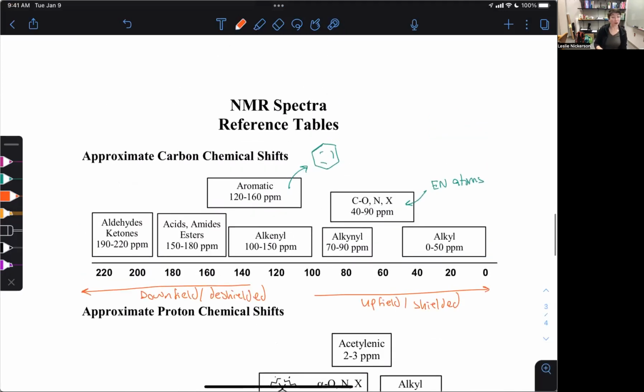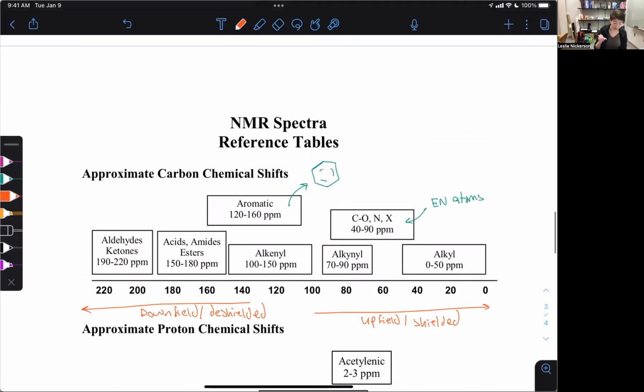If you're not sure what shielded means, what I want you to picture, it's really stupid, but picture a shield of electron density. So your shield is electron density. If you have electron density that's getting ripped away from a proton, it is getting deshielded.